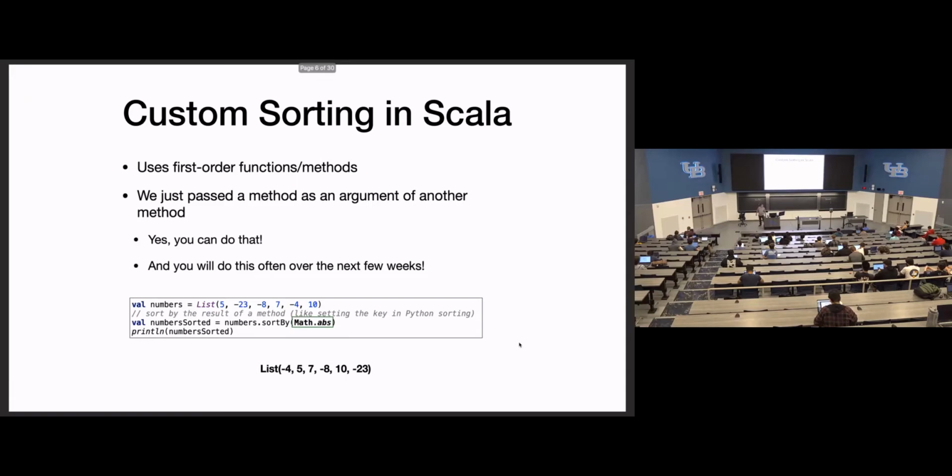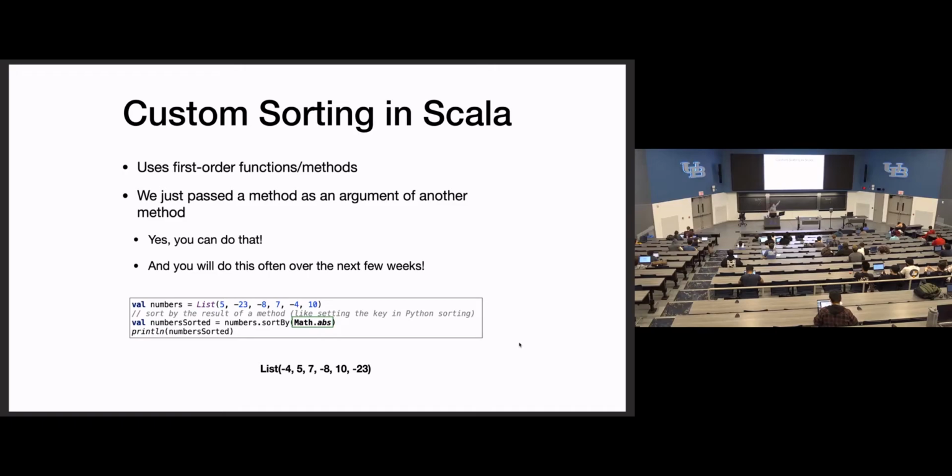So what we did right there was pass a method as an argument to another method. And yes, we can do that, and it's a magical, glorious world. We're going to do this a lot over the next few weeks. This is kind of the essence of functional programming, this idea that functions are first-class citizens, which means we can treat them as any other type in our code.